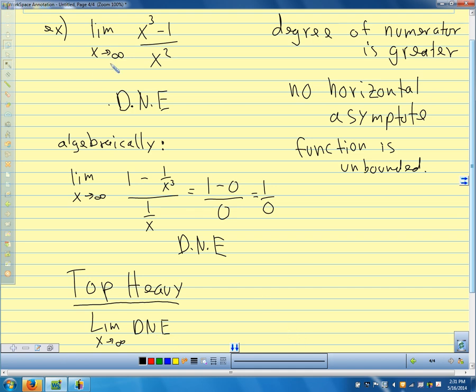So we can look at this rational function, say, oh, this one's top-heavy, the limit does not exist, and we're done. Then if the problem asks us to show algebraically, we would do this step and say that does not exist. So that's all there is to limits at infinity. Our rational functions are either going to be top-heavy, bottom-heavy, or if the degrees of the numerator and denominator are the same, our limit's going to be the ratio of the leading coefficients.